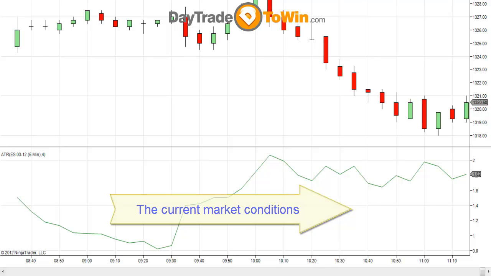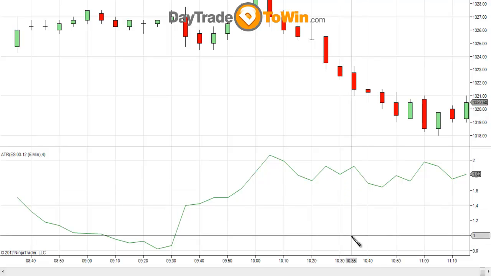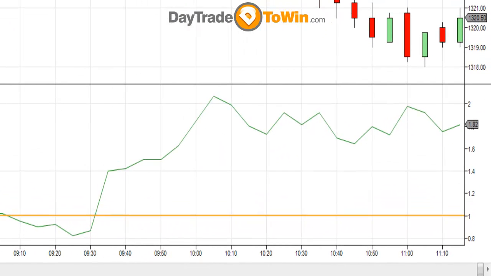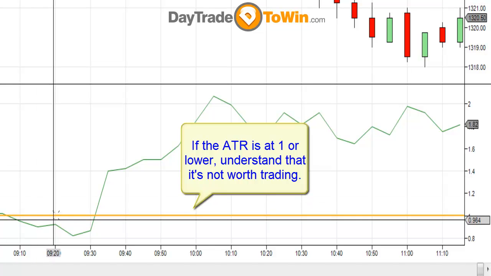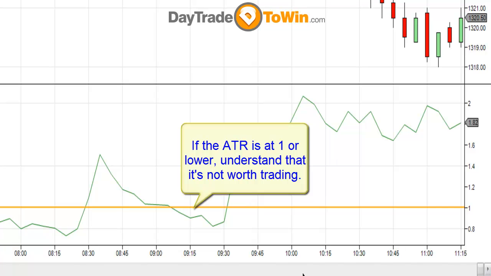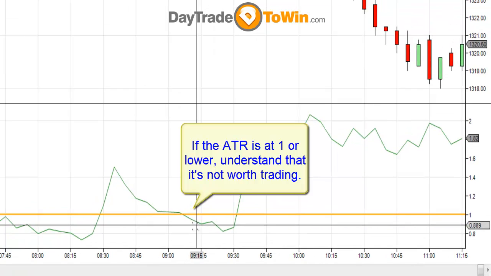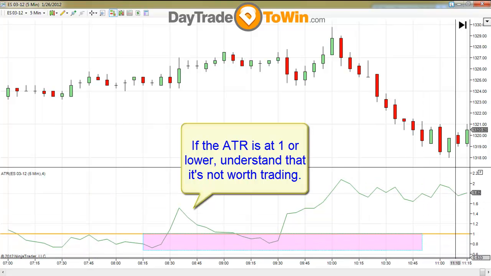Whenever you see the average true range at 1 or lower, this is a direct correlation that you should not be trading. You should trade anytime the market is above 1 on the ATR and you have some movement that you can get. But anytime it falls below 1, I recommend, and I tell all my students, don't trade. The market's dead.